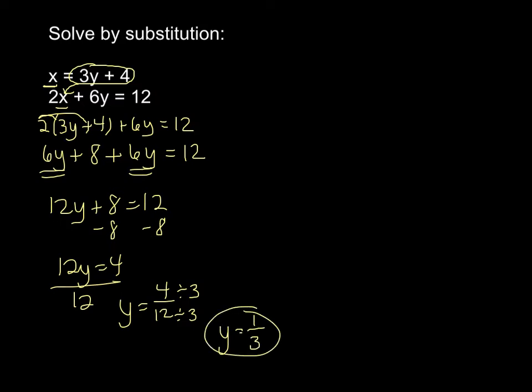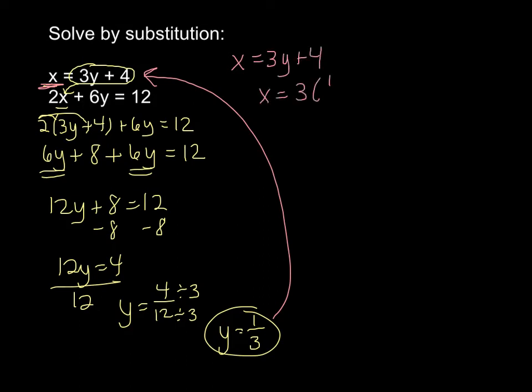Now hopefully you remember we're not finished yet, we still have to solve for x. I can substitute that y into the top equation or the bottom equation, it doesn't matter, but I still need to solve for x. Because my first equation is x equals, I'm going to substitute back into the first equation. So I have x equals 3y plus 4. In this case, y is 1/3.